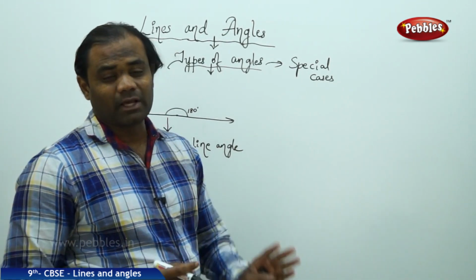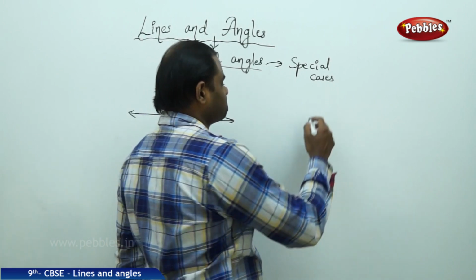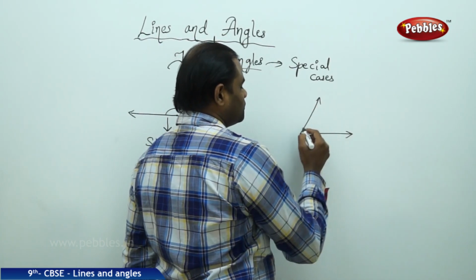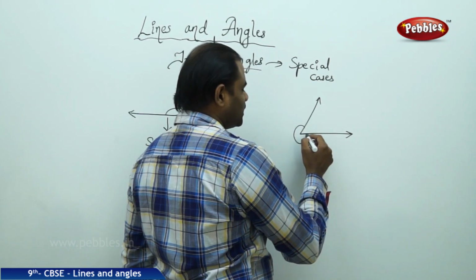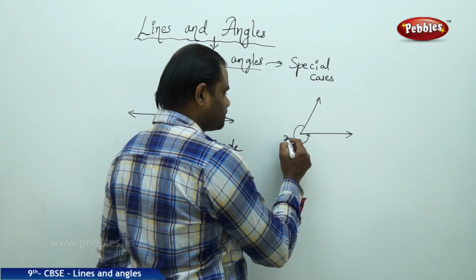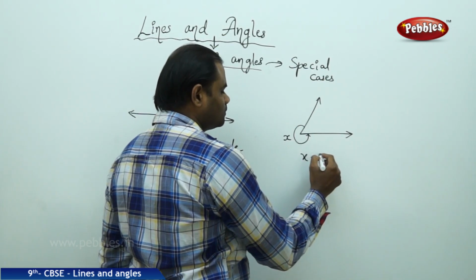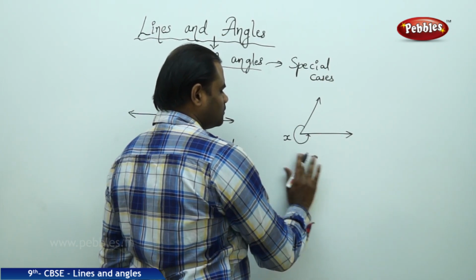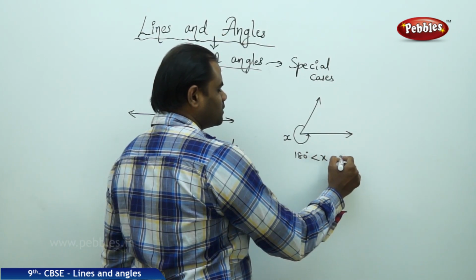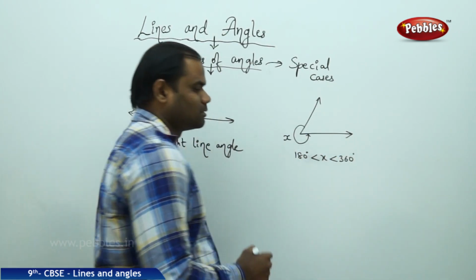Similarly, what happens if the angle is more than 180? Say for example, I have an angle like this which is more than 180. So let this be between 180 and 360.